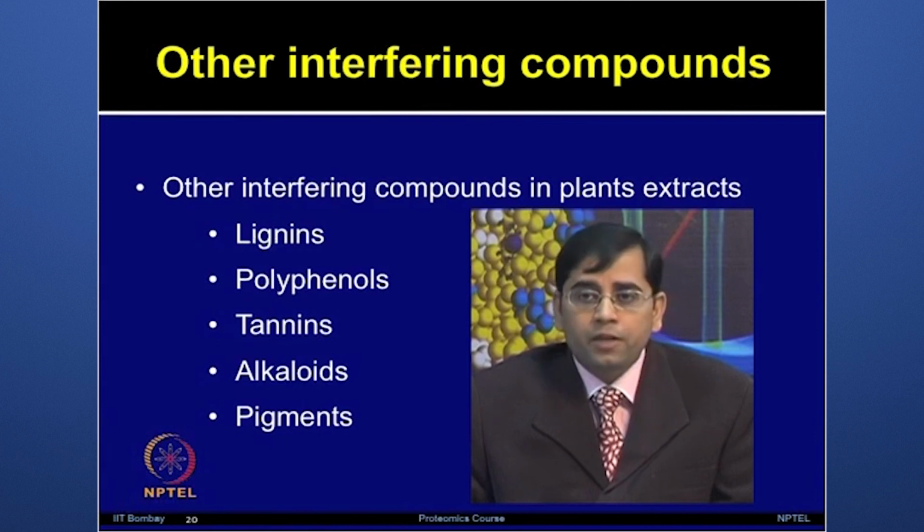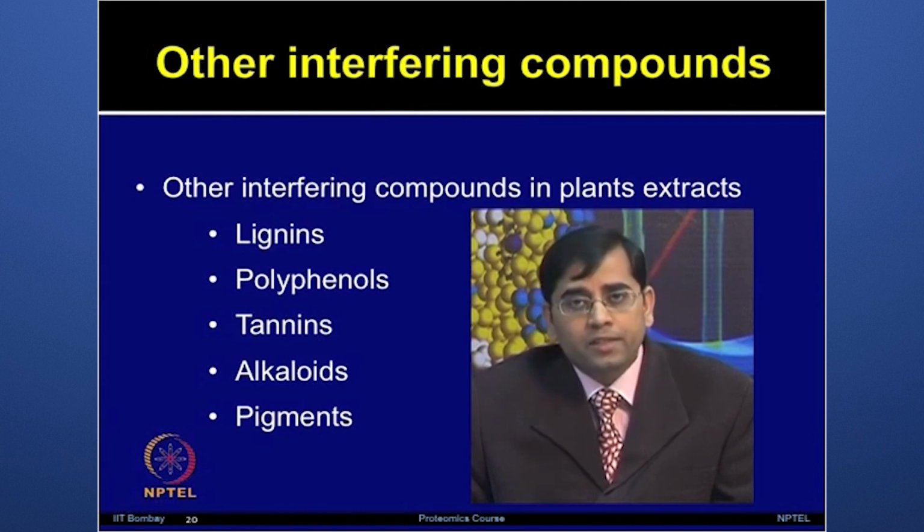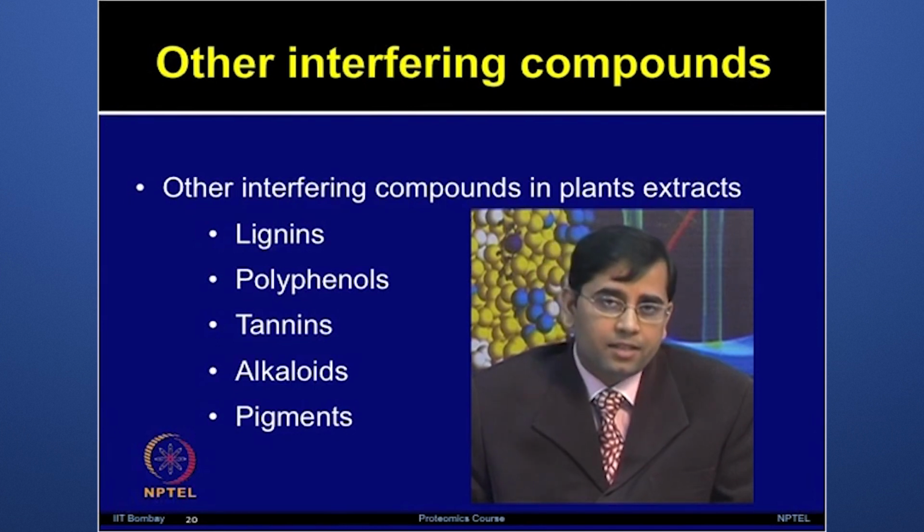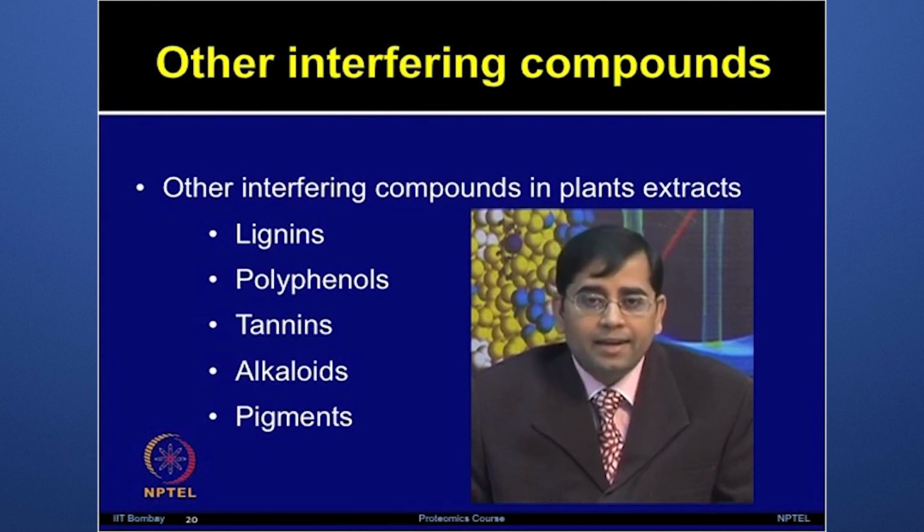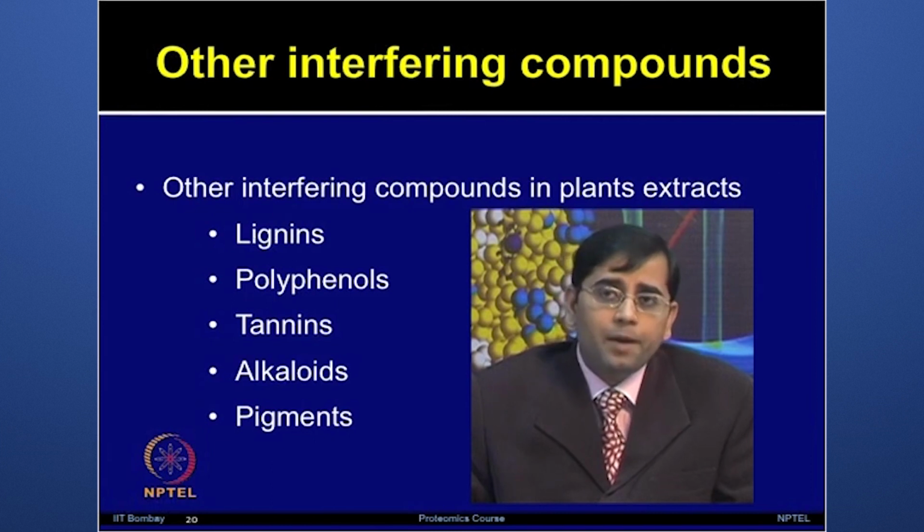There are a few interfering compounds which are also present in plant extracts, such as lignins, polyphenols, tannins, alkaloids and pigments. I will talk about some of these in more detail in the next class, in the case study on how to perform plant proteome analysis.